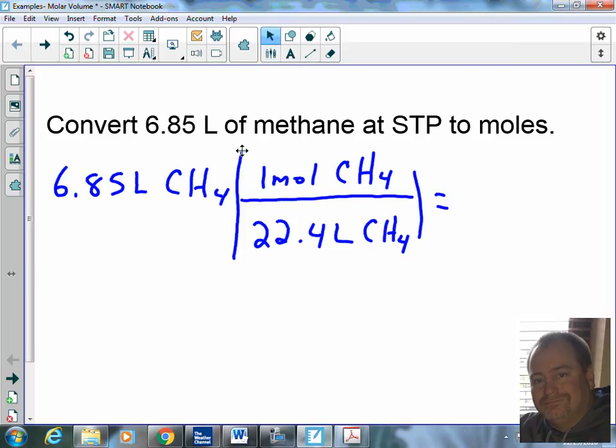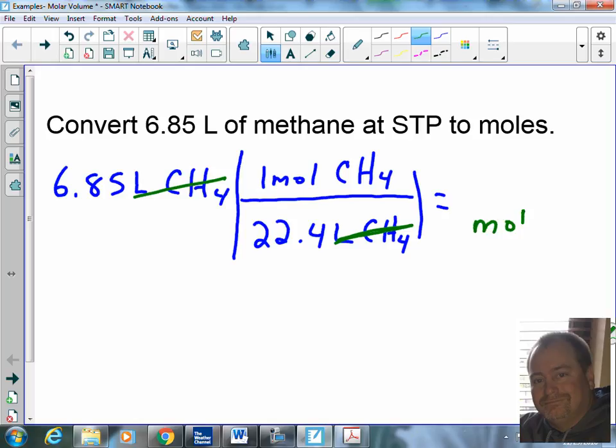Do I get a value to cancel? Here I have liters. Here I have liters. So now, what have I converted this to? What's my label? Moles of what? Moles of CH4. So how am I going to get my value? I'm going to take 6.85 and I'm going to divide that by 22.4.